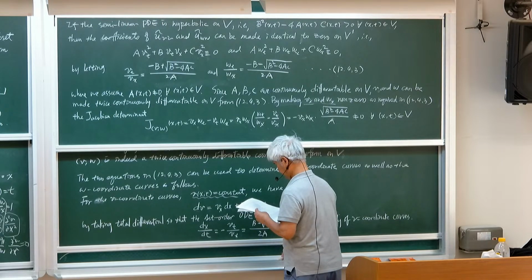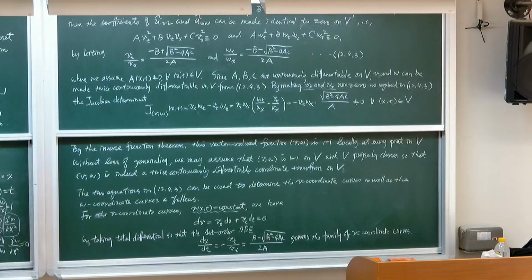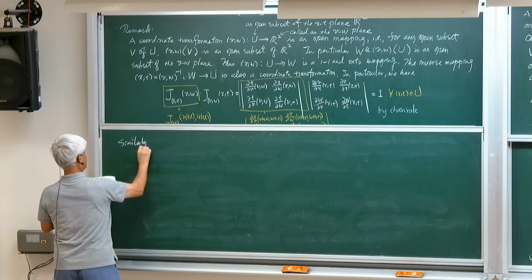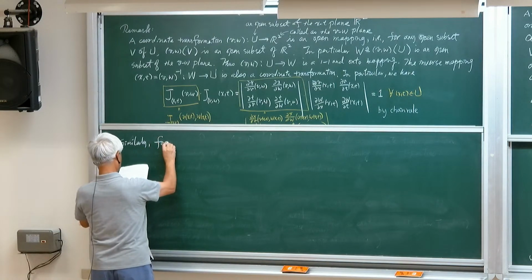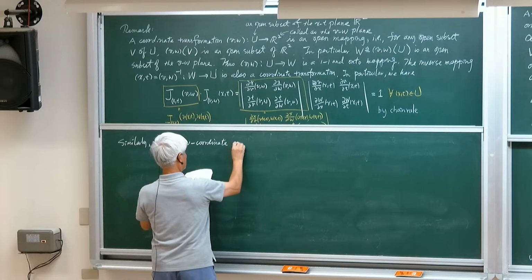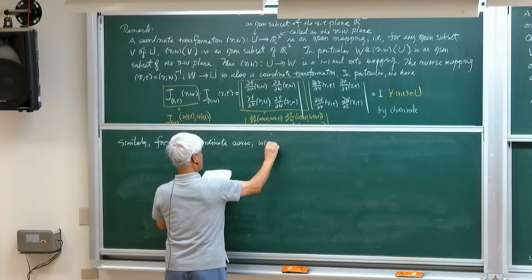And similarly, with the w coordinate curves, w of x, t equal to constant.